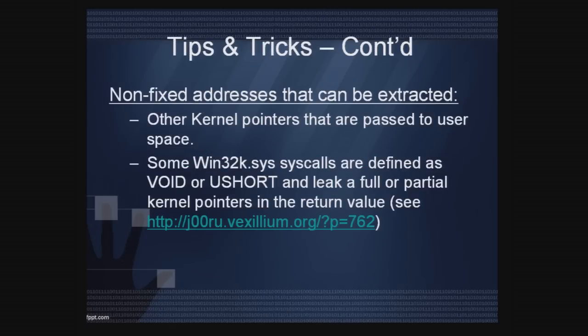There's other examples of kernel pointers that are passed either by design or by mistake to user mode that you can use to find stuff that you can overwrite. Another good example that Jeru found is that some of the Win32k syscalls are actually defined as void or ushort, and they leak part of the, I think it was ethread, in the return value.